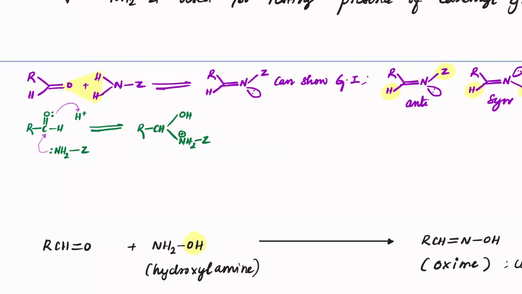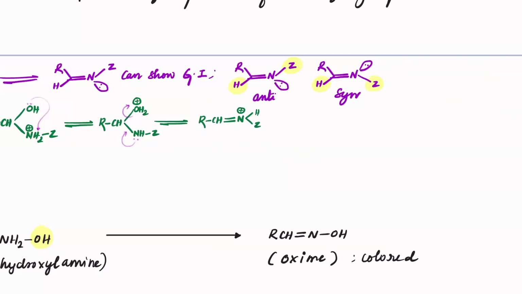Now the lone pair present on this oxygen will take away H plus from here and convert it into R CH OH2 plus and NHZ here. Again, the lone pair present on this nitrogen will be pushed, removing the water and converting into RCH double bond NHZ with plus charge.